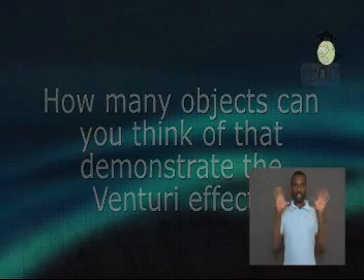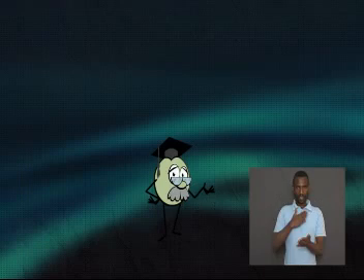Time's up. Let's get back to our lesson. Welcome back, students. I trust that you were able to come up with a few examples. The Venturi effect can be observed in many instances.